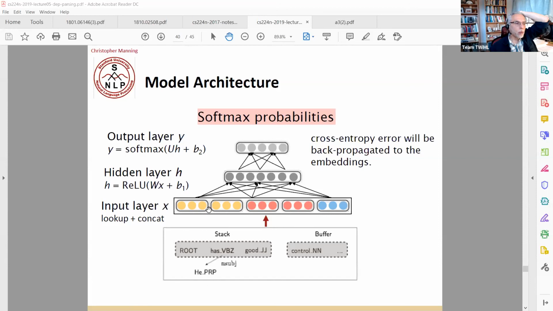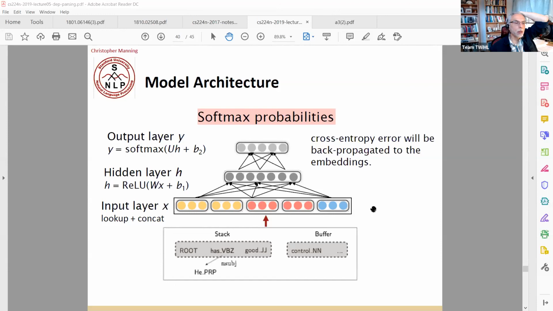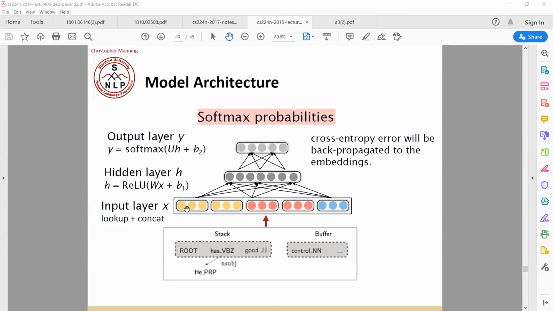So can you tell again what are the gold dots? These two things. Those are the words. I think he's just run out of room. So this should be blue also? No, it's just that you've got one d-dimensional vector for one single word, but you take more than one single word to put into your input. It says that you take the word that you're focusing on, and you take its leftmost child and its rightmost child, and then you take the words that are the leftmost child of those children, and so you end up with actually 18 d-dimensional word vectors.